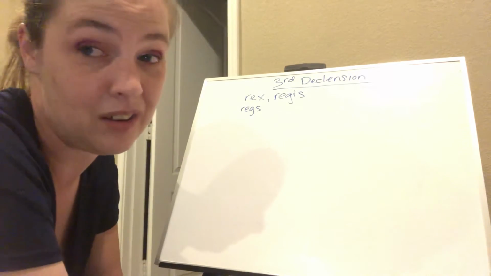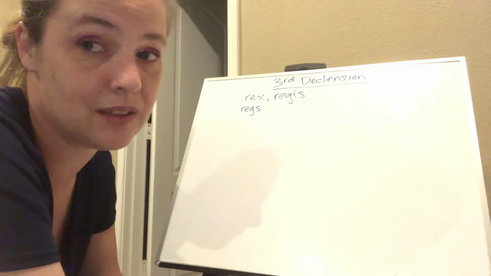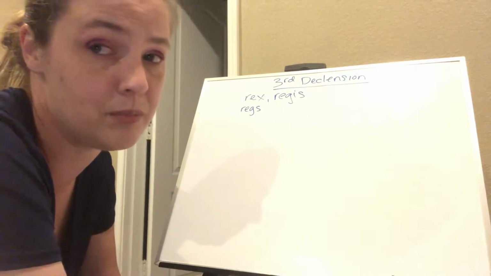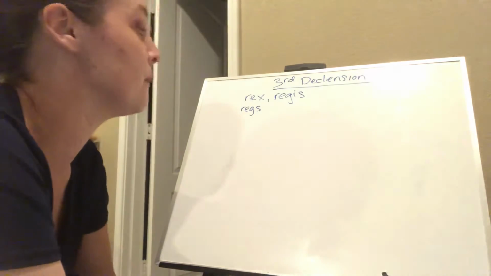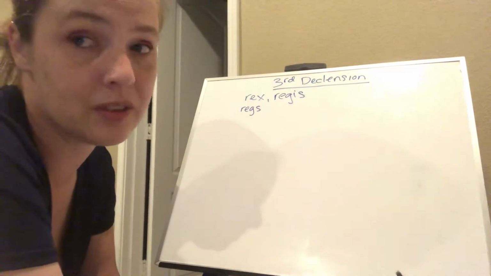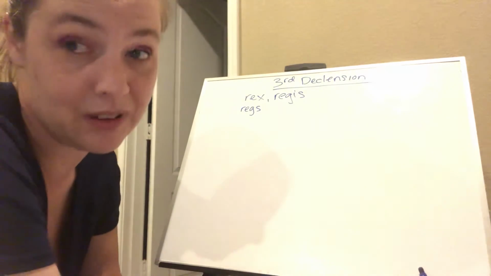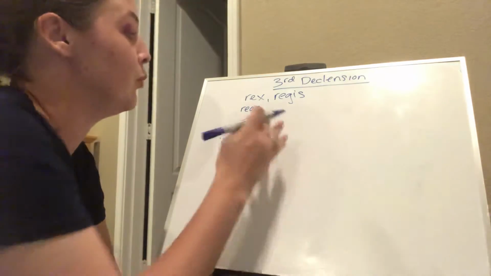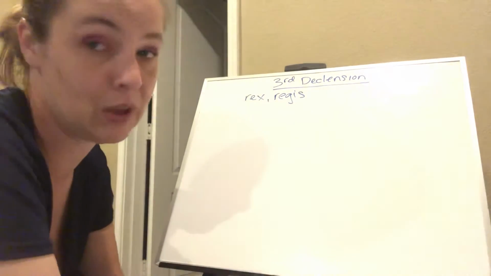And it just kind of caught on. Okay, changes in language happen like that. Somebody mishears something or misspeaks, and it just catches on. Okay, that's the general understanding of how this happened. We of course don't do this. We don't do regs. We do rex. Okay.